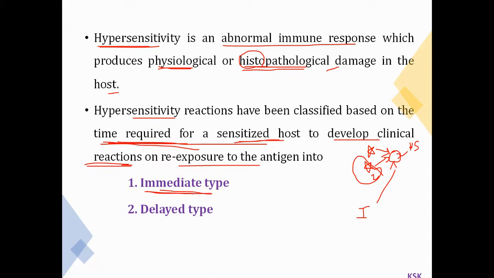If a hypersensitivity reaction takes more time to show the clinical reactions, then it is known as the delayed type. Therefore, we classify hypersensitivity reactions into immediate and delayed, based on the time required for a sensitized host to develop clinical reactions.